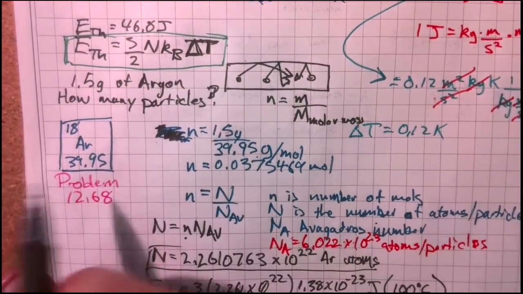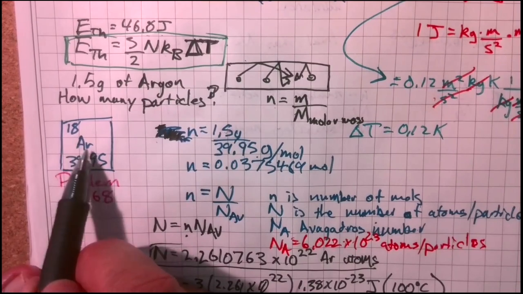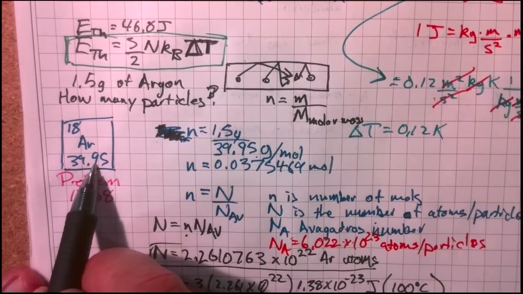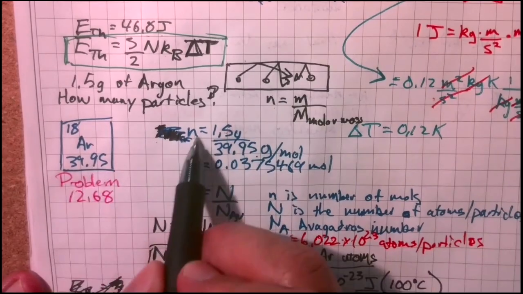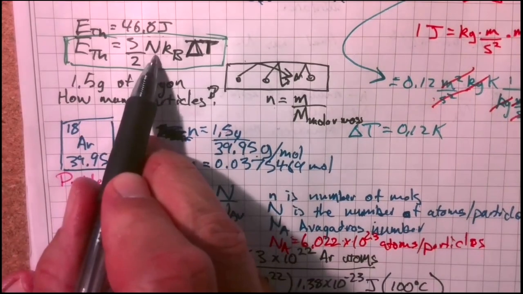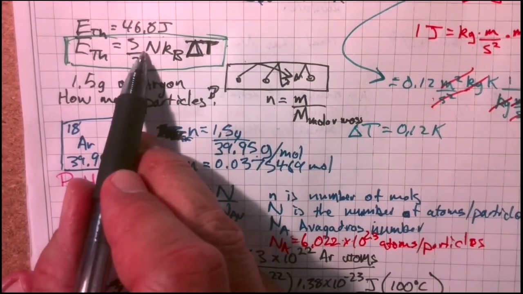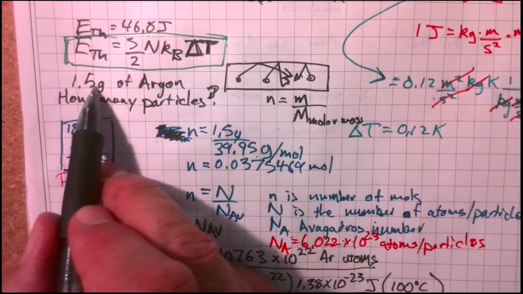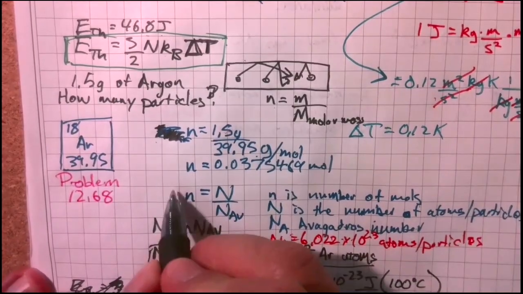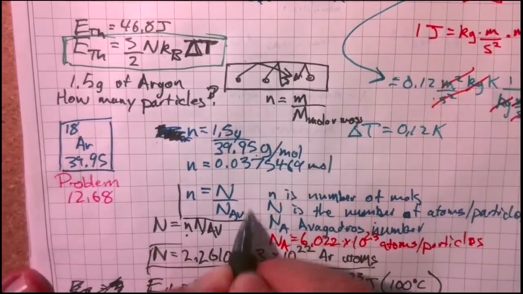Right here, we used the fact that argon has a molar mass of 39.95. So then we said, all right, how many moles do we have? Because we need to find out what N is. I don't know how many particles there are in 1.5 grams of argon, so we need to figure it out. We can get it from this equation right here.